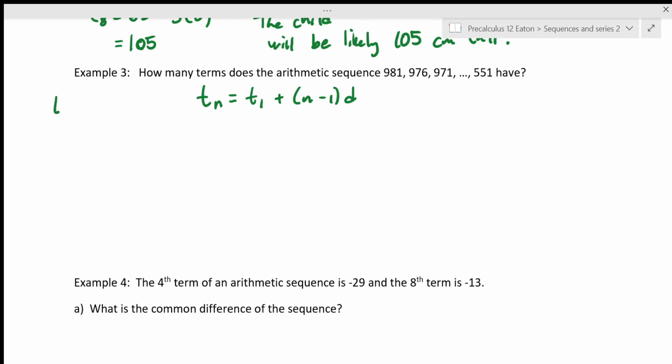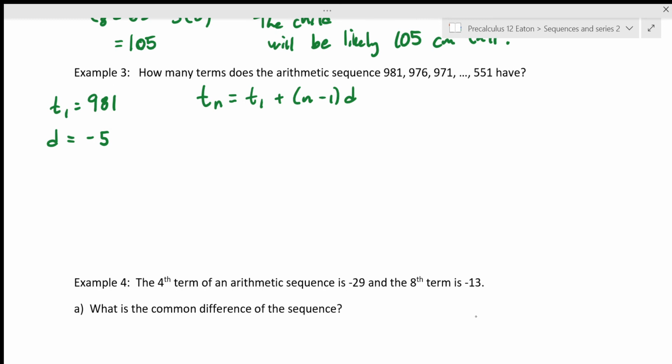So we know T1 is 981. We know d is -5. What we want to figure out is, we're stopping at 551, so we want to figure out what the term number of 551 is, so how many terms it is to get to 551.